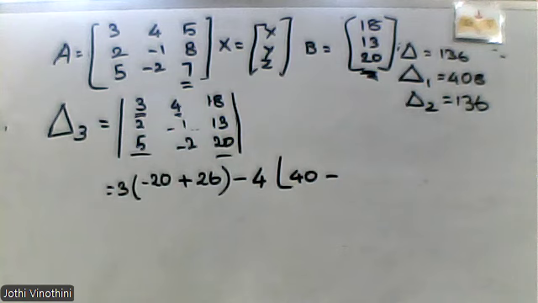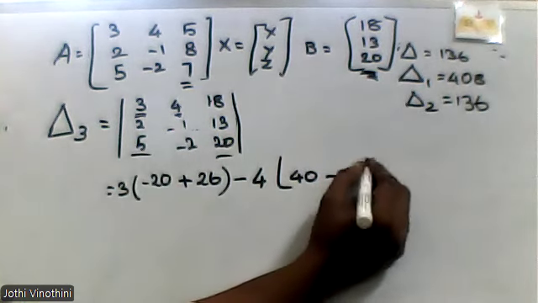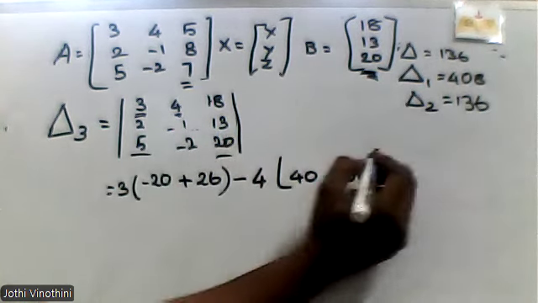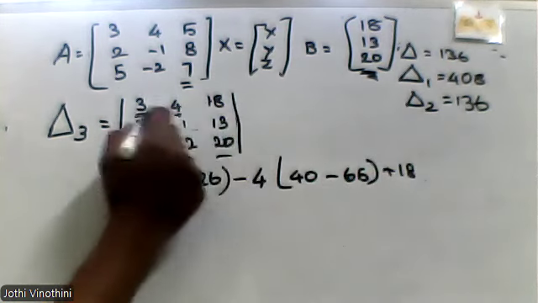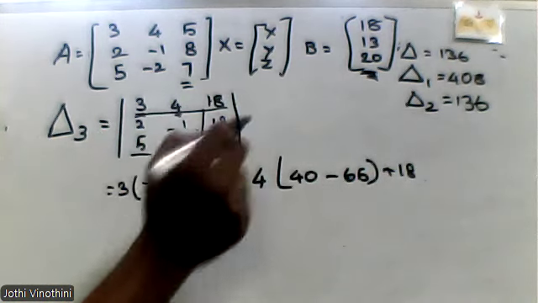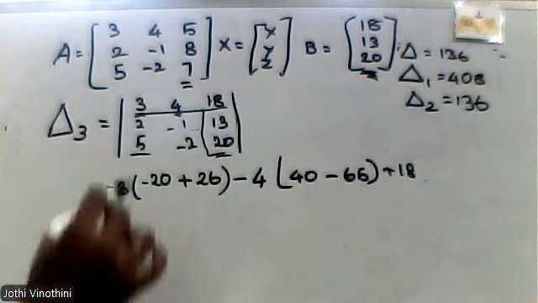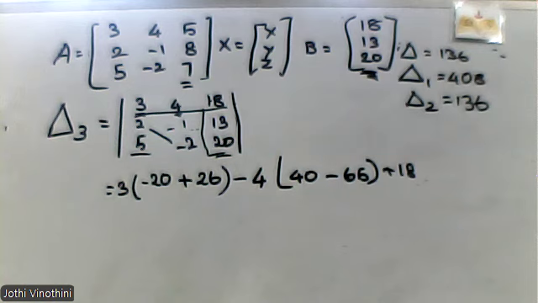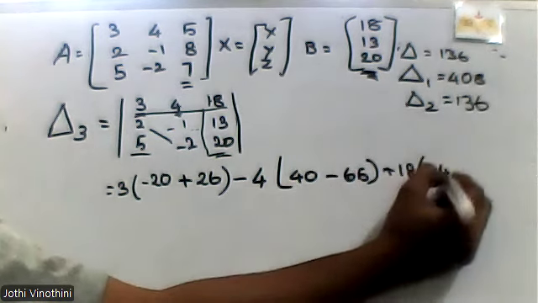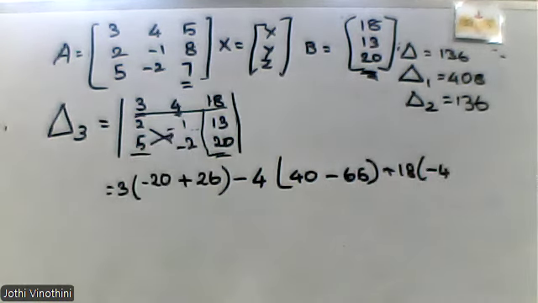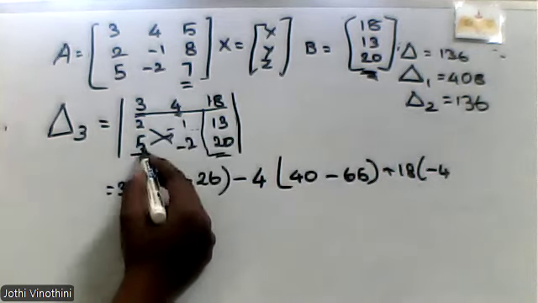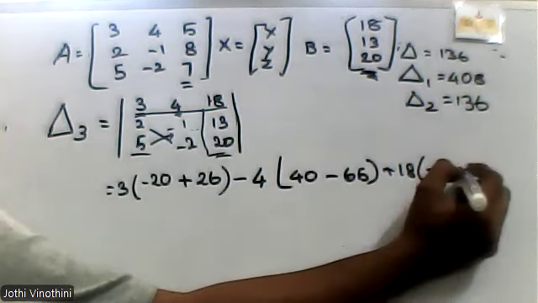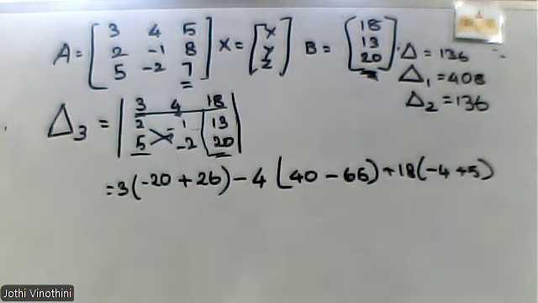So 13 into 5 is 65. And plus, what is the last element? 18. While doing for 18, we have to leave these things. What do we have remaining? These elements only. So cross multiplying, 2 multiplied by minus 2 is minus 4. While doing upwards, we have to keep another minus. So here it is minus 1 into minus 1, 5. Clear?